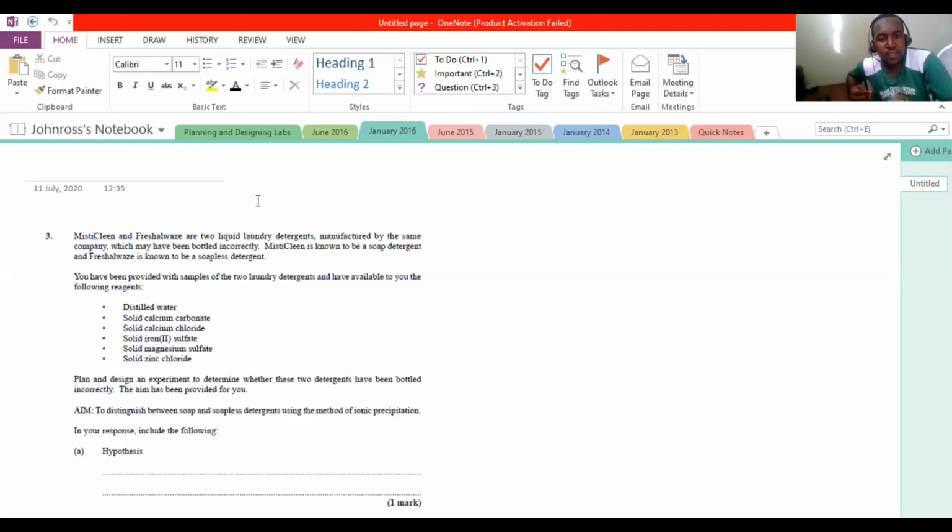The Clean is known to be a soap detergent, and the Special Ways is known to be a soapless detergent. You are provided with samples of the two laundry detergents and have available the following reagents. Plan and design an experiment to determine whether these two detergents have been bottled incorrectly. The aim has been provided for you.